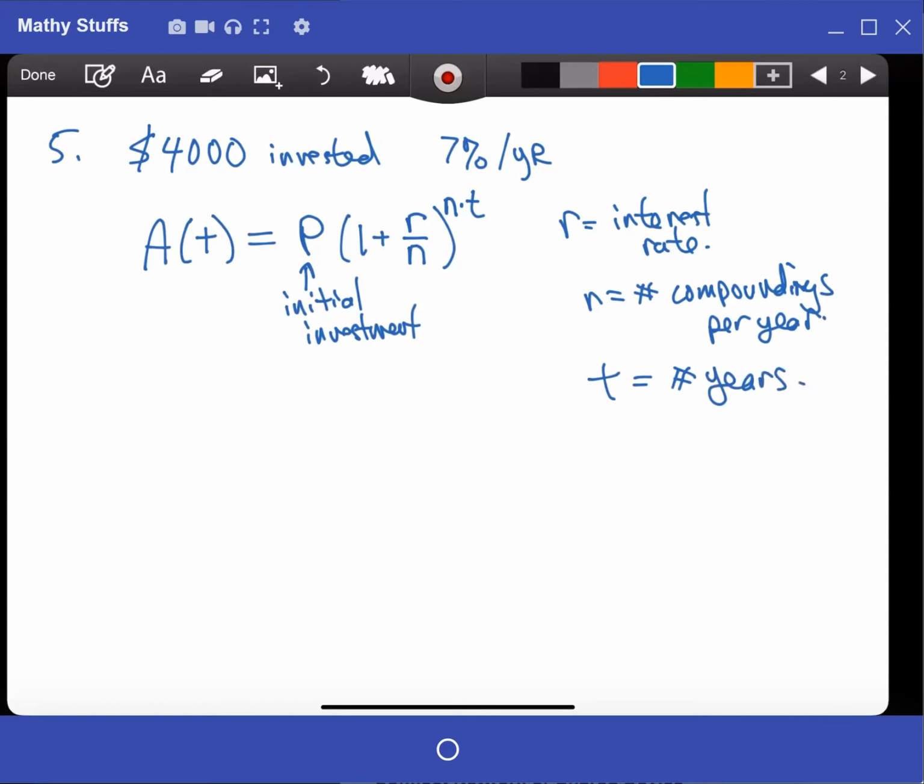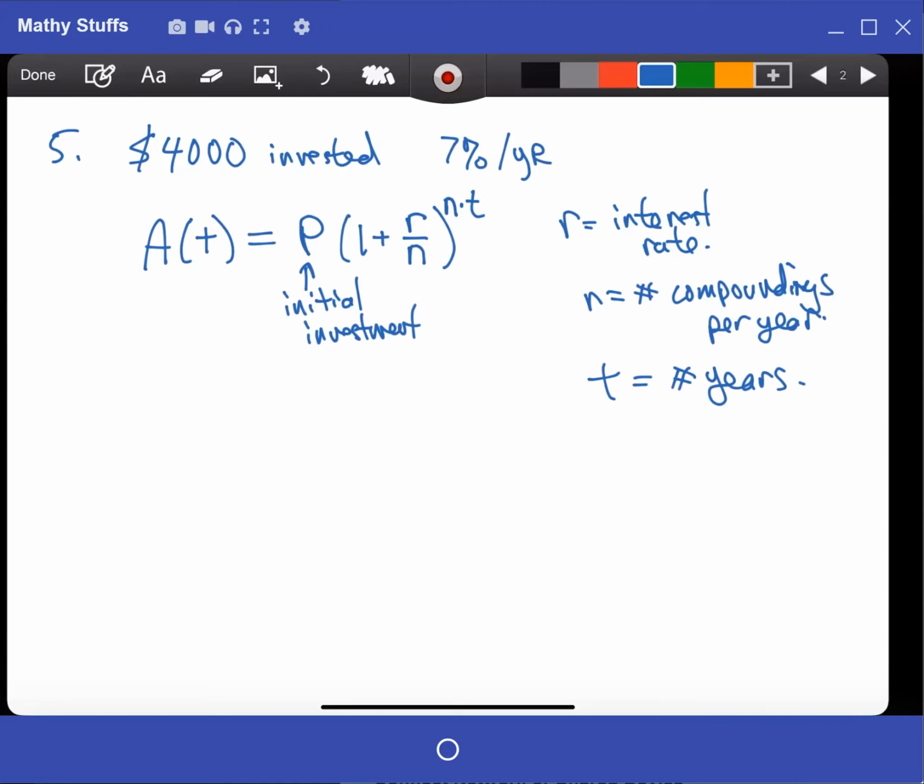So now we can come back to this problem. And I think here we're only looking at 1 year, but at different compounding rates. So let me get back to the details of the problem.